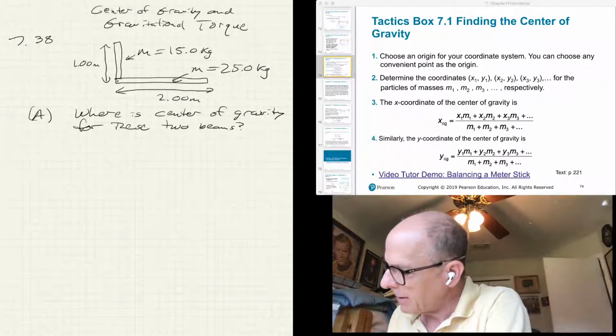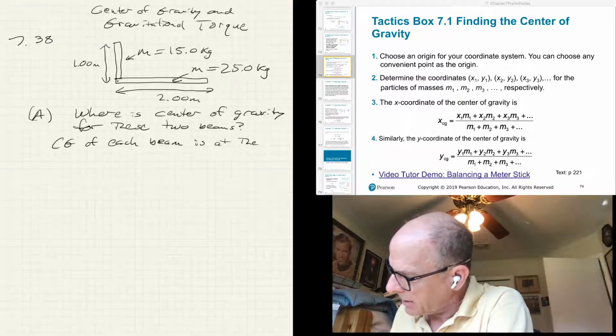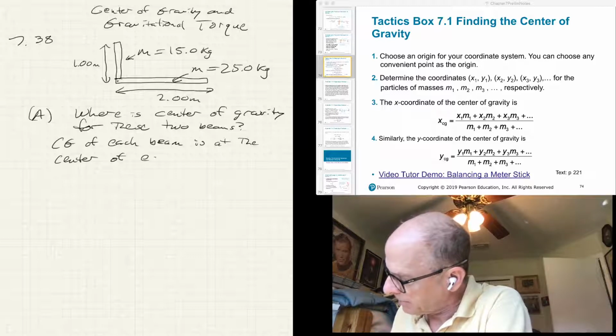So the center of gravity of each beam is at the center of each beam.